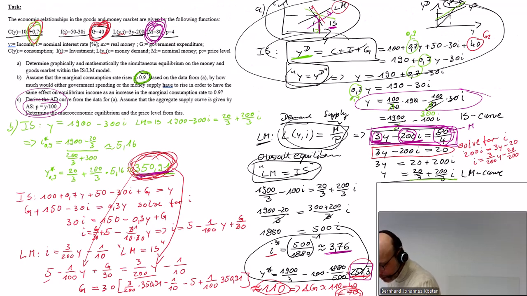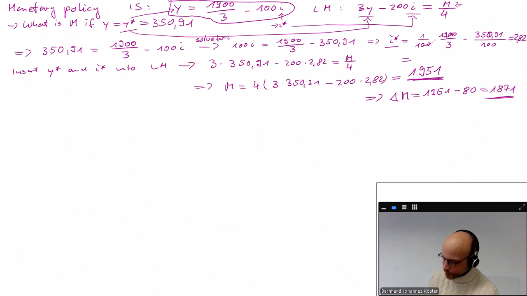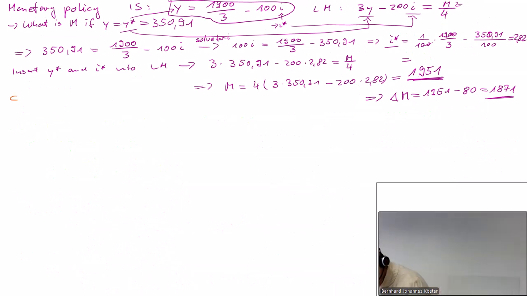And the last one is, let's take orange now, that we now want to go to the ASAD model, and we have given our IS equation. So last one, C, ASAD model. And again, I think it is a good idea that we know graphically what happens now.